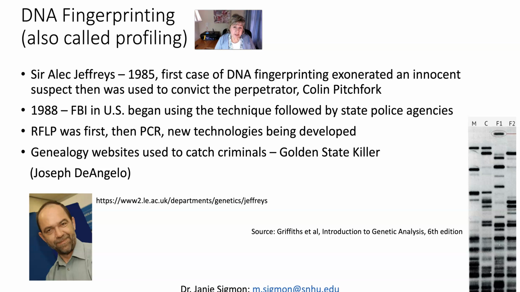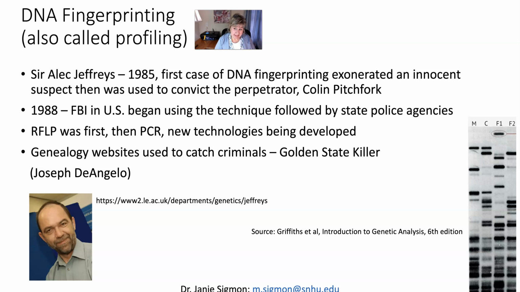So that was the first case of DNA fingerprinting, and they had collected 5,500 blood samples from the men in those villages, and Alec Jeffries was trying to run all of them. But when they got a suspect and he ran the suspect, it matched. So this was big news for law enforcement.